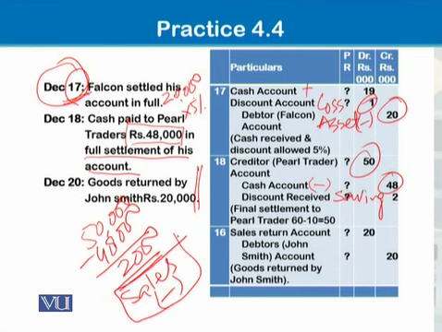Sales being credit, when we are using sales return, it will behave opposite to sales. Therefore, sales return would always be debited, remember. And it is reducing receivable. So receivable reducing means there is a decrease in asset, and decrease in asset is always credited. So sales return debit and debtor John Smith credit.